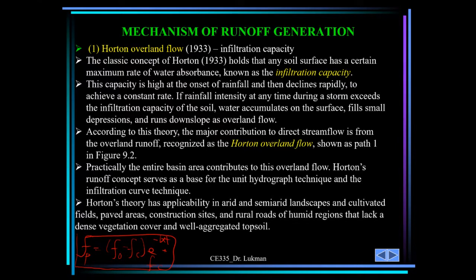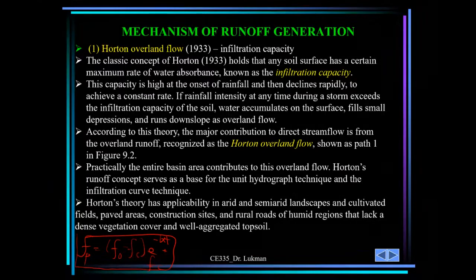So this is the Horton overland flow, and what does it postulate? The classic concept of Horton holds that any soil surface has a certain maximum rate of water absorbance, known as the infiltration capacity.